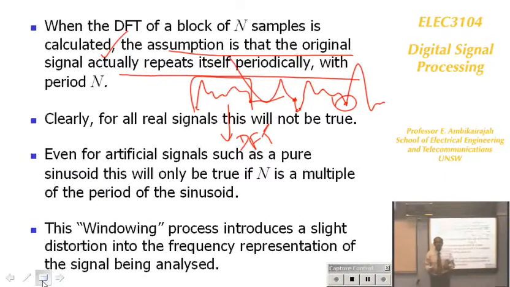I won't go into detail of the assumption, and you can read about it in the book. That assumption causes a problem. You can see here naturally, this is my next part. But the DFT assumes that part is repeating. You see? That part is repeating again. That means instead of going smoothly like that, I'm going like that. That means I've caused distortion.